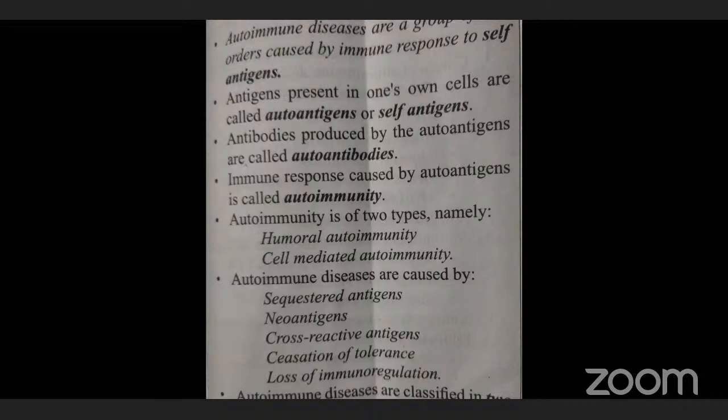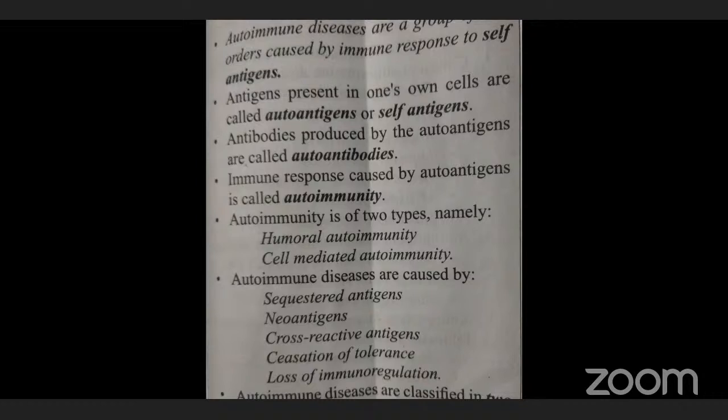So many antigens can cause autoimmune diseases: lens antigens, sperm antigens, neoantigens. Neoantigens means modified antigens. Modified means the antigens are modified by physical agents, for example irradiation, or chemical agents, maybe drugs, or microbial agents.